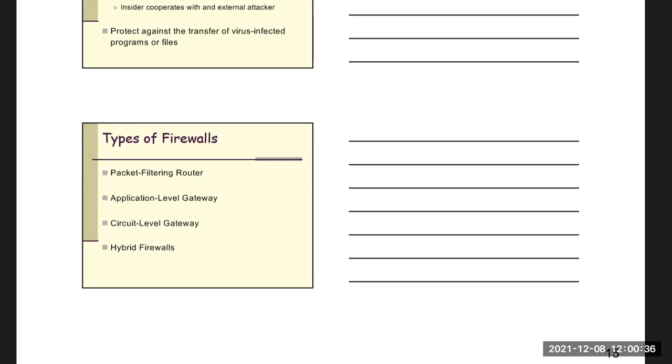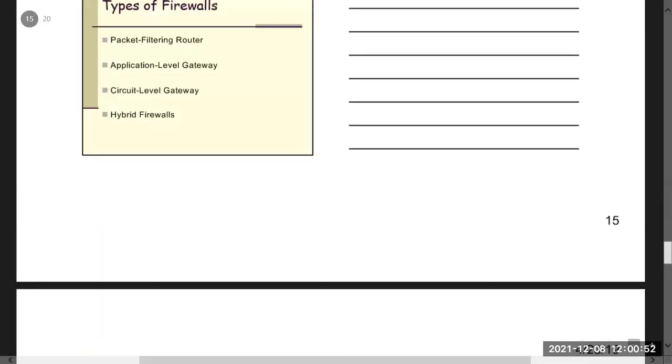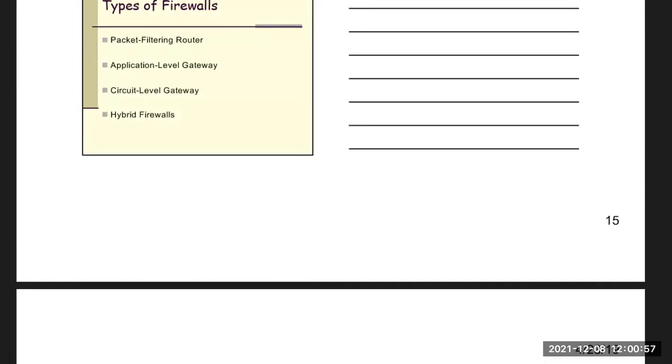This firewall will do that check. So this is related to our firewall, and we have 4 types of firewall, but basically the packet filtering firewall is mostly used. And what do the application level gateway, circuit level gateway and hybrid firewalls do? They basically hide the IP addresses of the systems present in the internal network from the outside world.